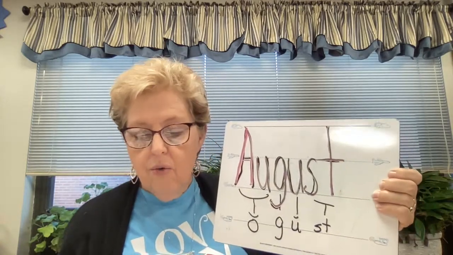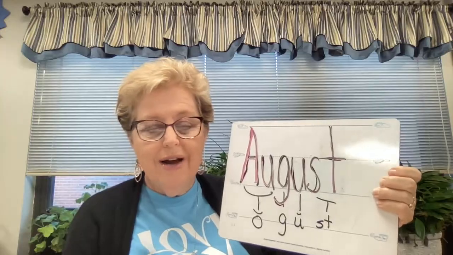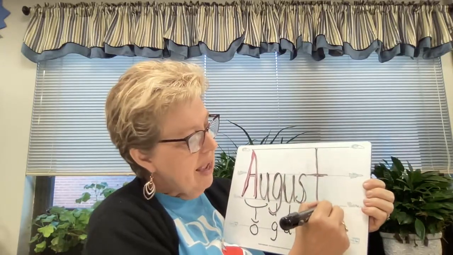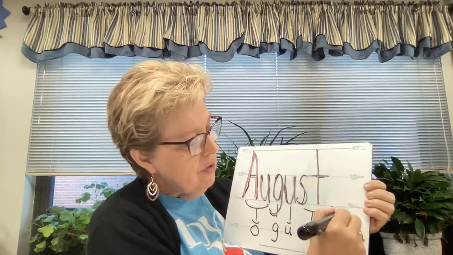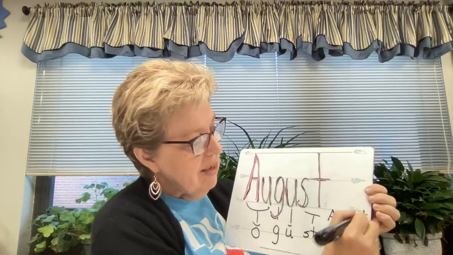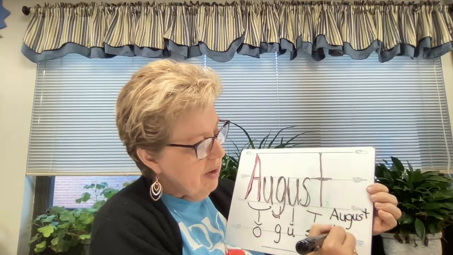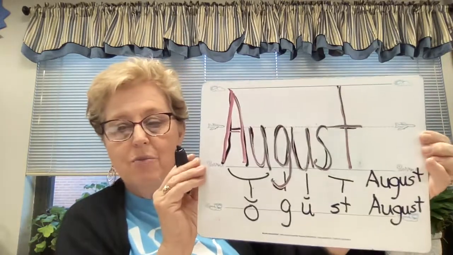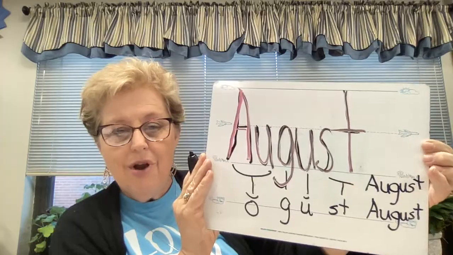Now let's write that word 2 more times. Here we go. August. Now I'm going to write it small on here. Capital A, U, G, U, S, T. And write it again. Capital A, U, G, U, S, T. You can pause the video if you need more time. We have the word August.